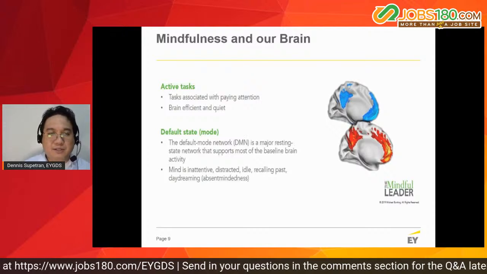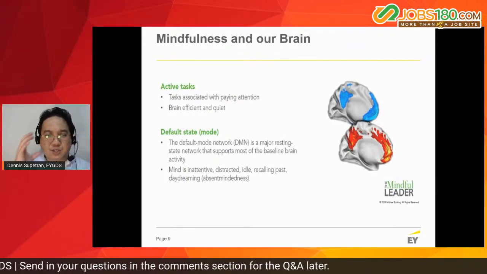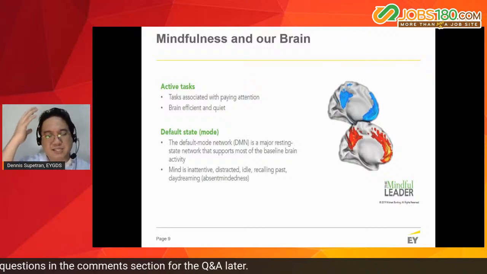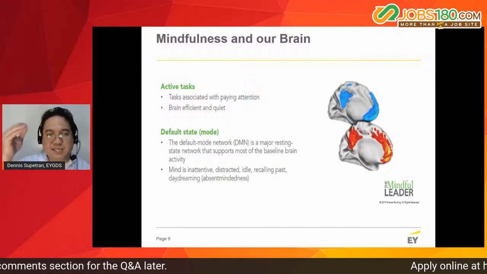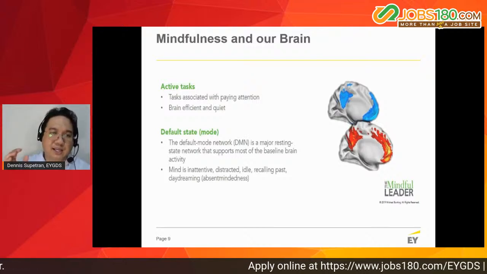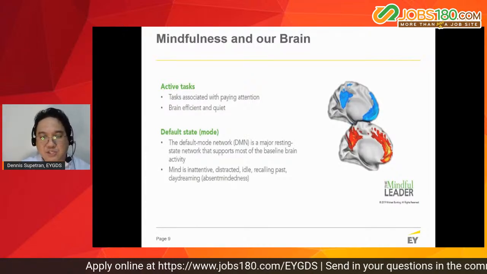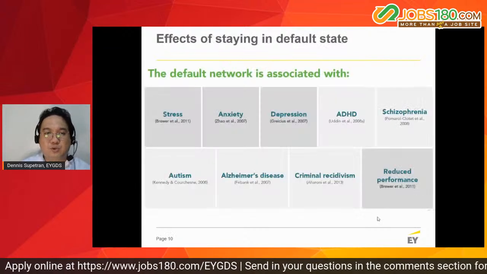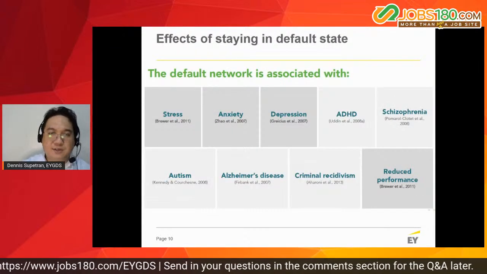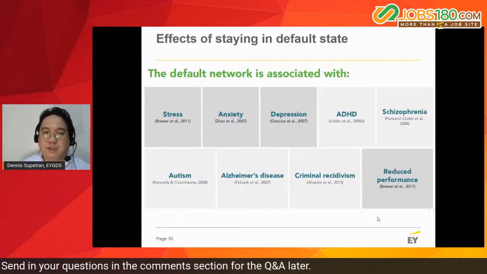Now, the thing about it is that you have some people saying, "Oh, daydreaming is good, diba? It allows you to tap into that imaginative state." But the problem is if you stay in this default mode state for too long and you're not able to shift back into active mode, then that's where potentially long term it can lead to, and these are various psychology studies, right? And so you can look it up on your own.